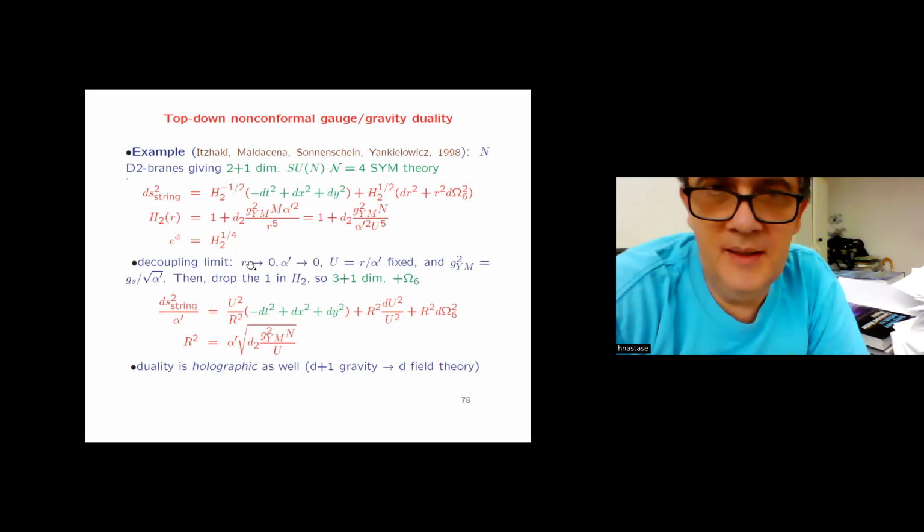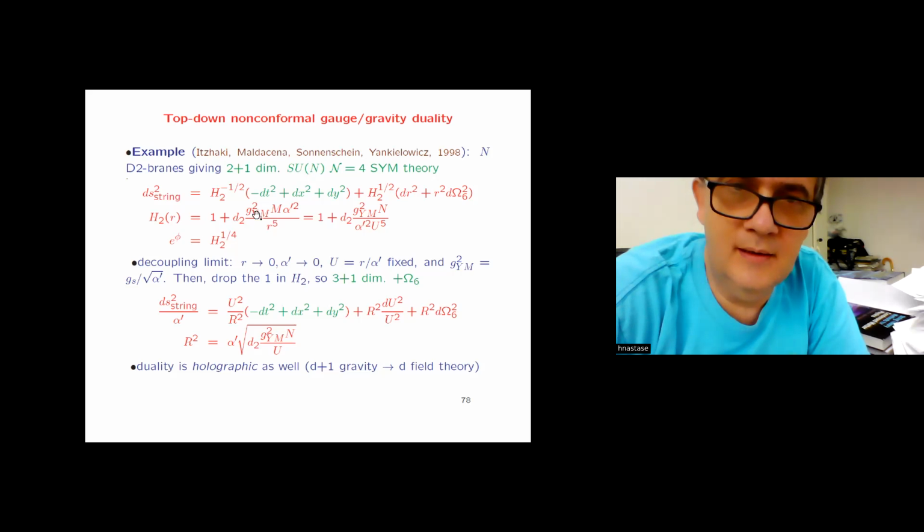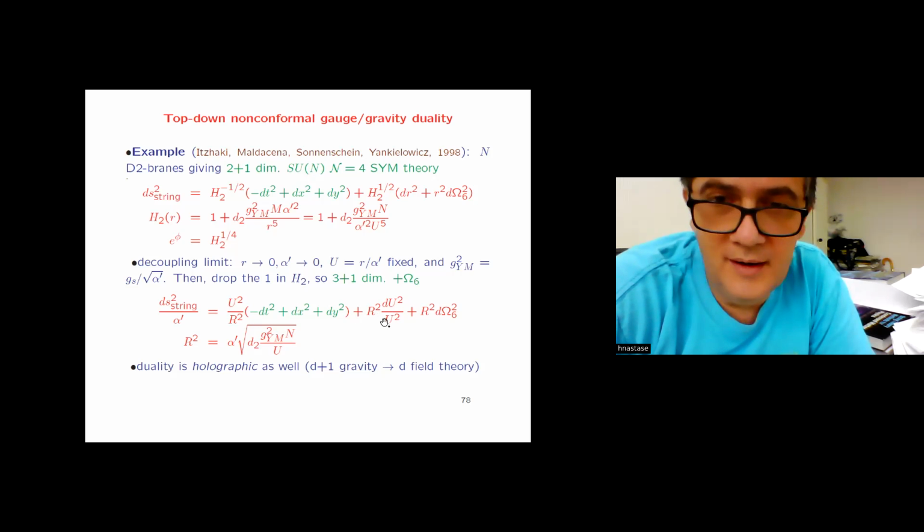So in the decoupling limit, we look at this function h, and we see that the second term is much bigger than the first, so we drop the 1. Then we get a so-called gravity dual. As we said, the general gravitational background is called the gravity dual.